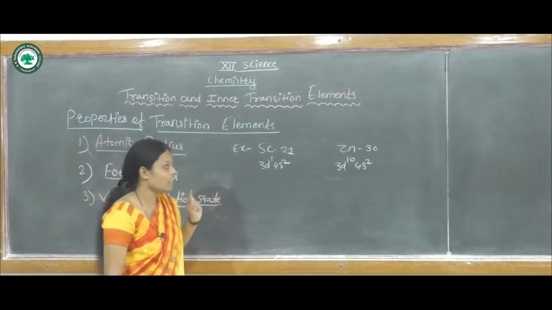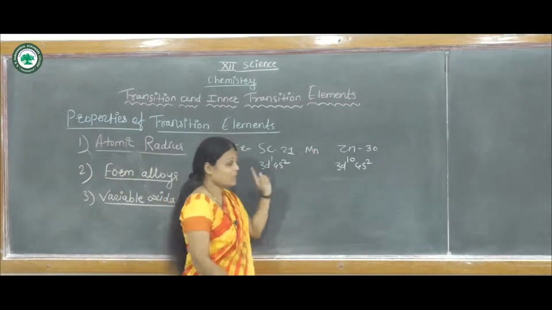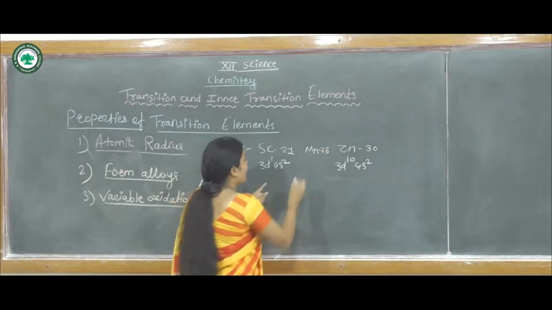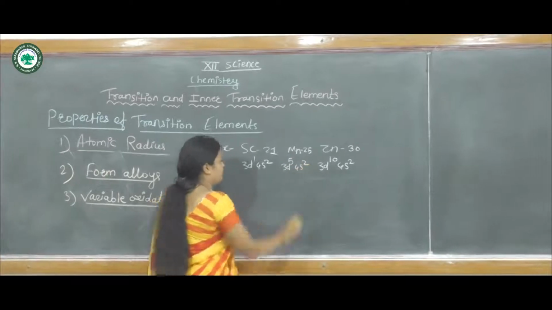Take manganese, whose atomic number is 25, with configuration 3d5 4s2.